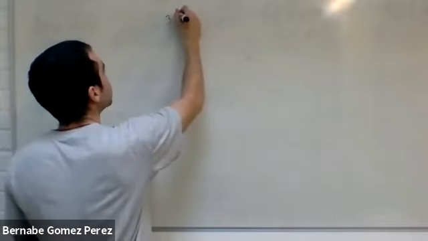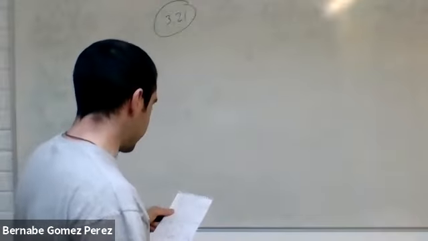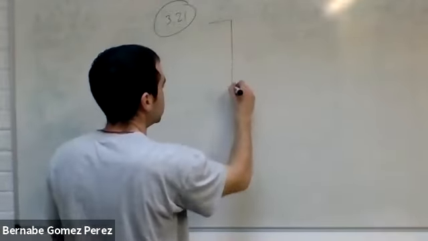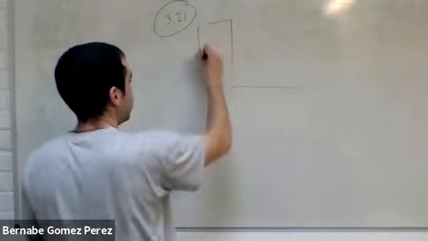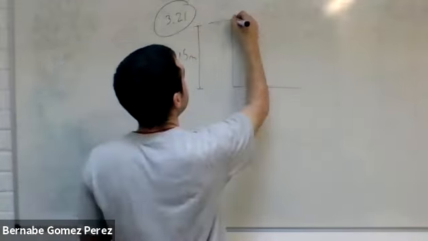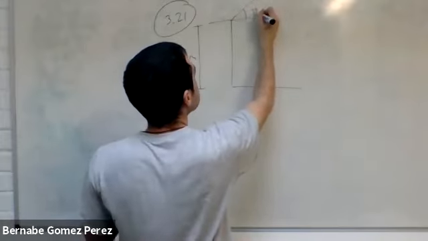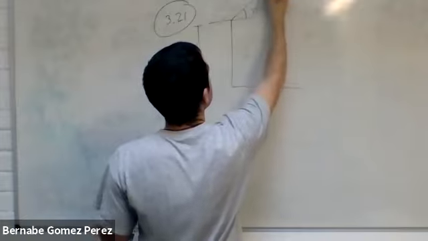Here, 3.21, that I wrote the day. So I have this building, I know the height of the building, which is 15 meters. I know the initial speed V0 and the angle, 33 degrees.